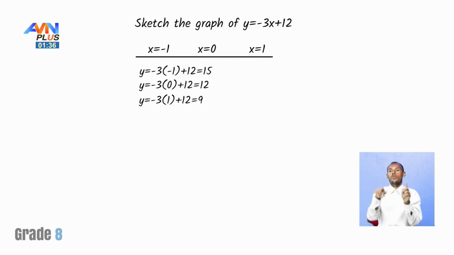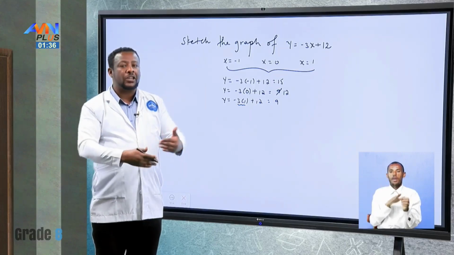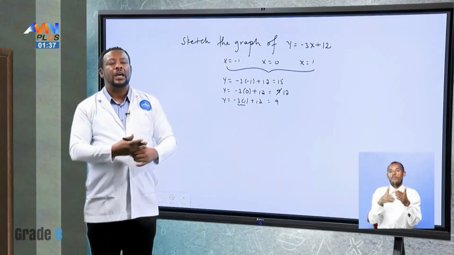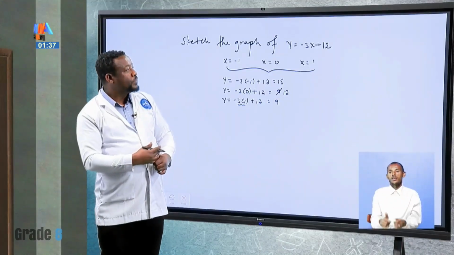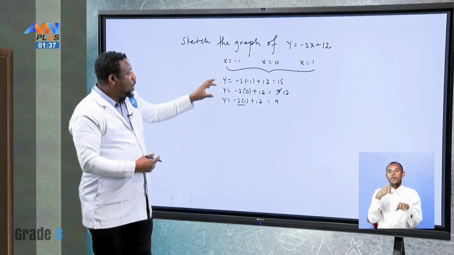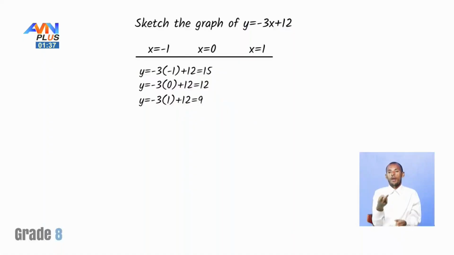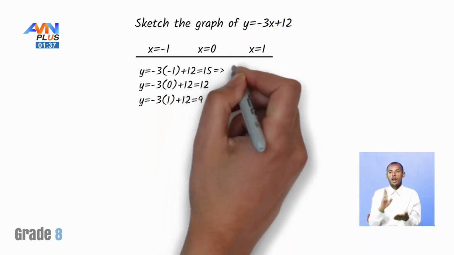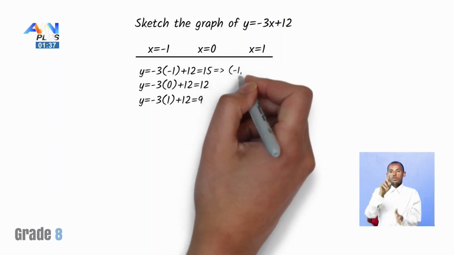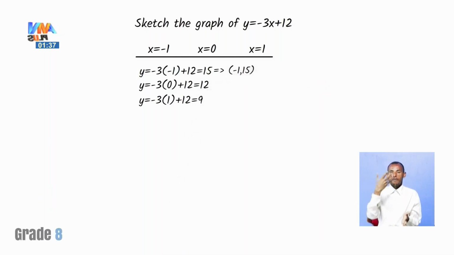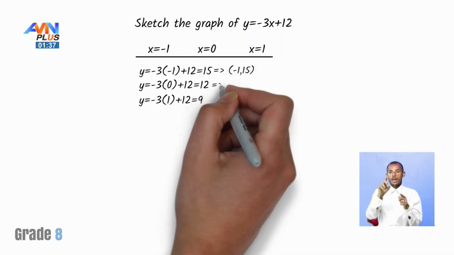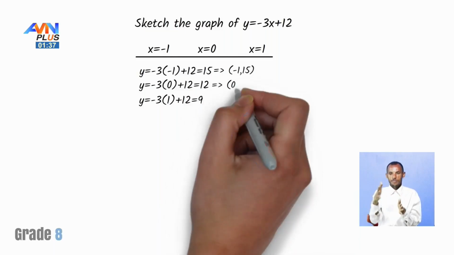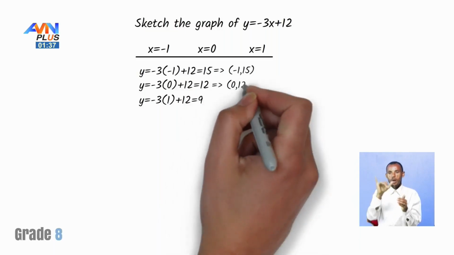These 3 points are enough to sketch the graph of the given linear function. So the ordered pairs that we have here are (-1, 15): whenever x is -1, y becomes 15. Whenever x is 0, y becomes 12.